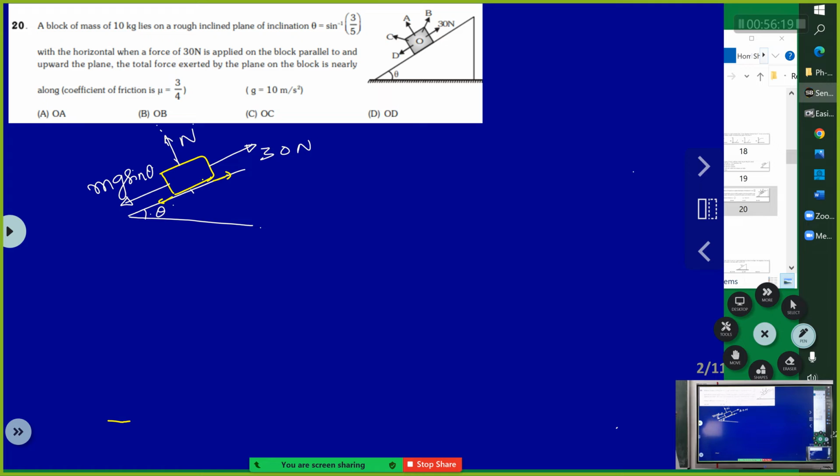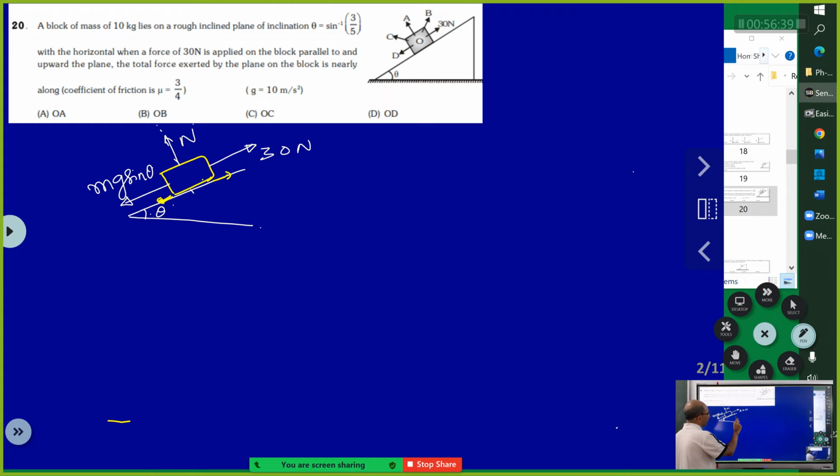So therefore the answer, the force exerted by the plane on the block, can be OB or OC, one of these options. If the block is moving up, then this is the friction, and the answer will be OC.